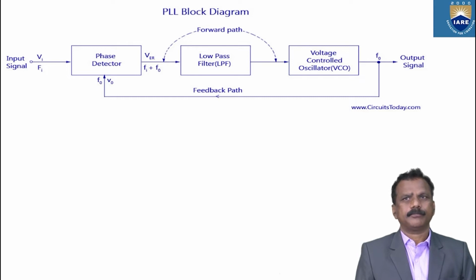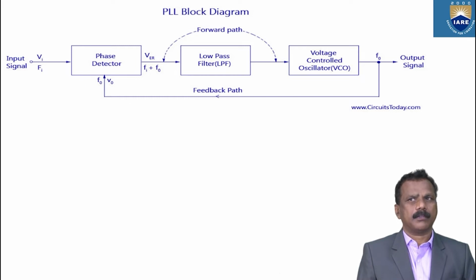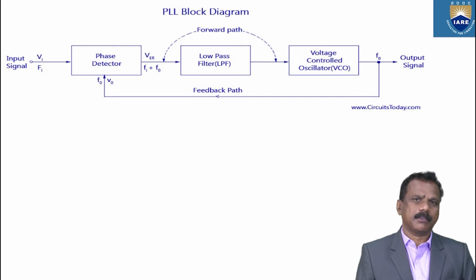Its output is given to the VCO, voltage control oscillator, so the forward path is between the phase detector and the VCO. The VCO output F0 appears as the output signal, and F0 is connected back to the phase detector.